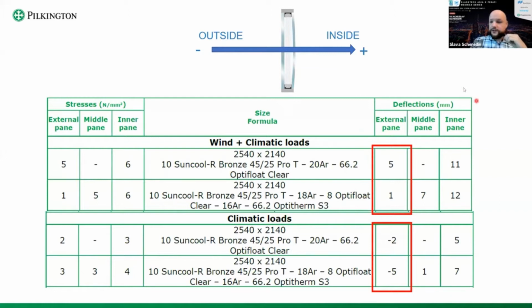This is glass deflection, and the external glass is deflecting in one way under peak loads and in a completely different way under the climate loads. So for comparison, there are two IG unit combinations which are calculated rather differently in this case. And the goal today is to estimate how the glass will look in real life, not under peak loads.